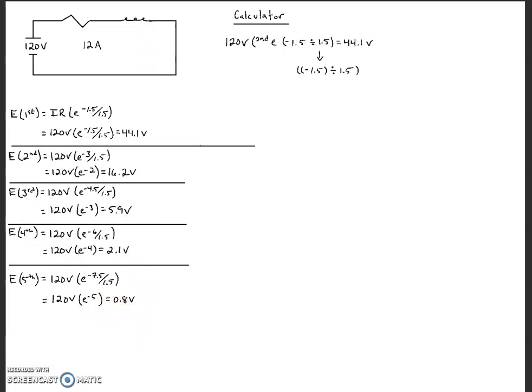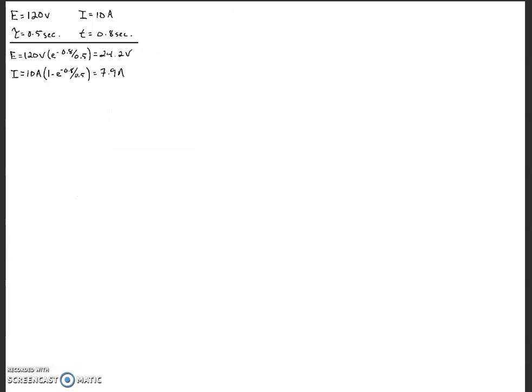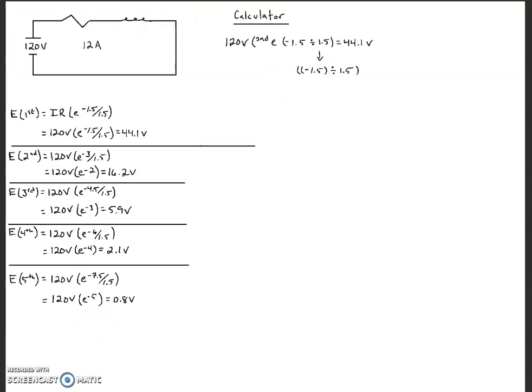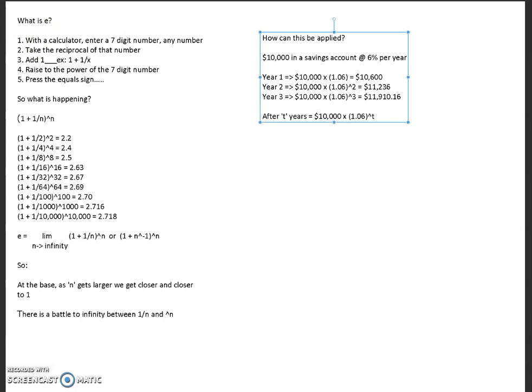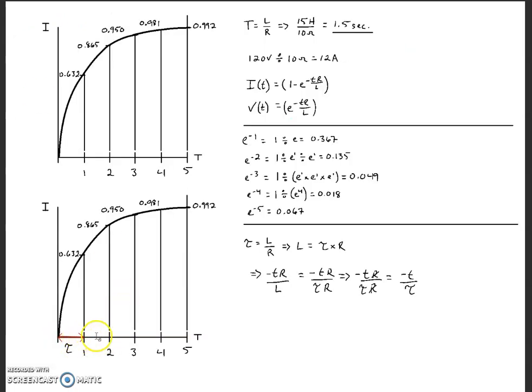So we can calculate this at any point. If we have a voltage of 120 volts, a current of 10 amps, now we're just breaking free of everything previous here. We have a tau of 0.5 seconds, which is 0.5 seconds in between each time constant.